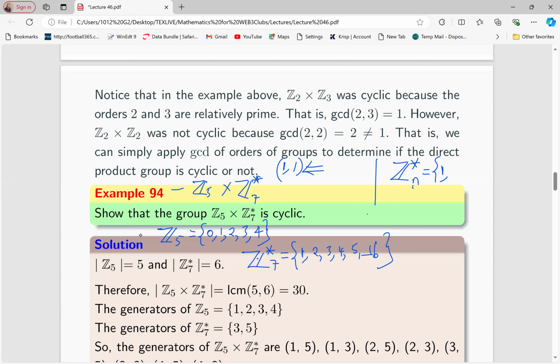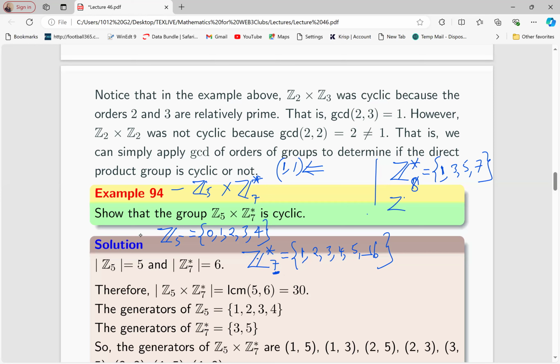For this case, since N is prime, all these elements are included. But supposing it was 8, the only elements which are relatively prime to 8 are 1, 3, 5, and 7. So Z star 8 will be this.